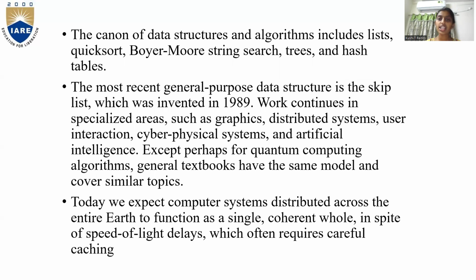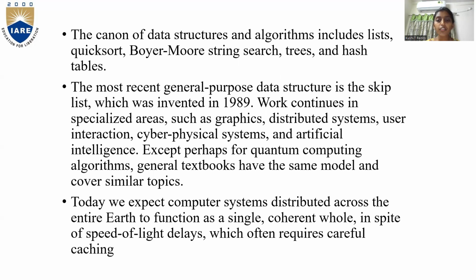The canon of data structures and algorithms includes lists, quicksort, string search, trees, and hash tables. The most recent general-purpose data structure is the skip list, which was invented in 1989. Work continues in specialized areas such as graphics, distributed systems, user interactions, cyber physical systems, and artificial intelligence.